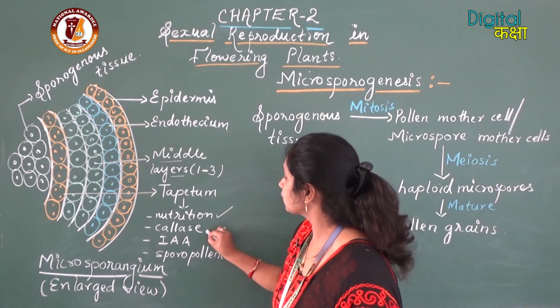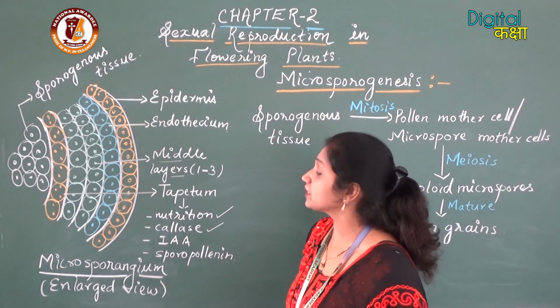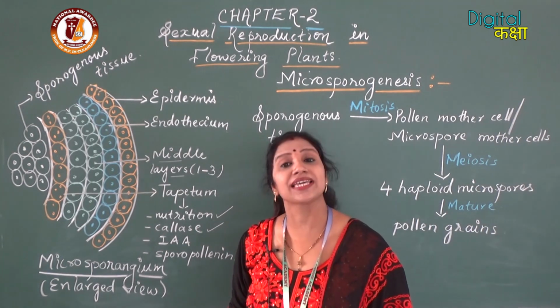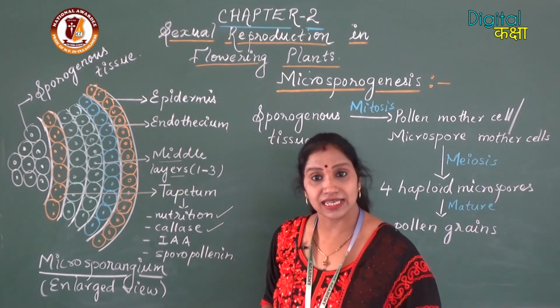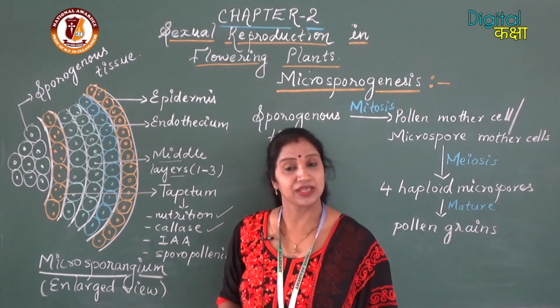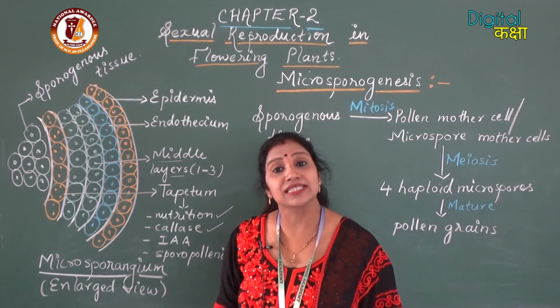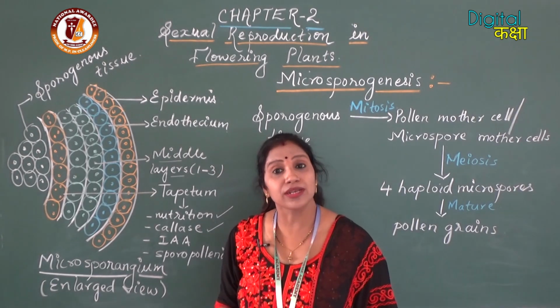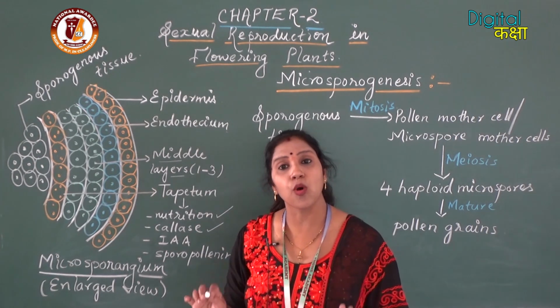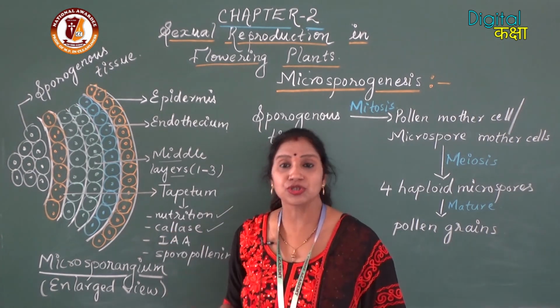The second function of the tapetum layer is secretion of the enzyme callase. Callase is the enzyme which can dissolve callose sugar. Whenever the pollen grains are being formed, they are attached to each other by a wall of callose sugar.